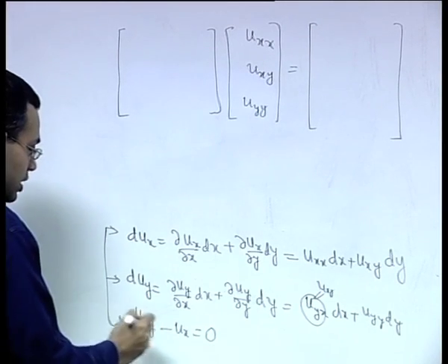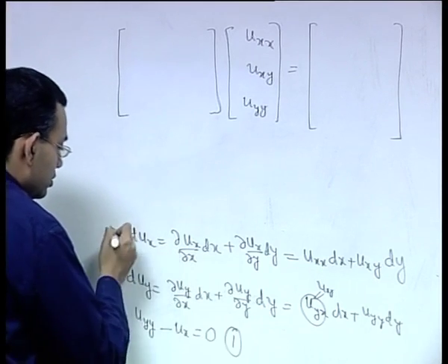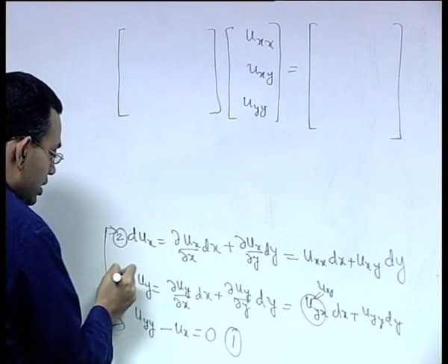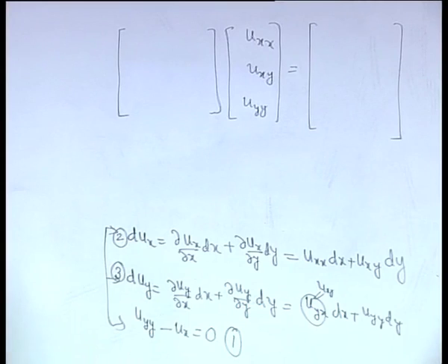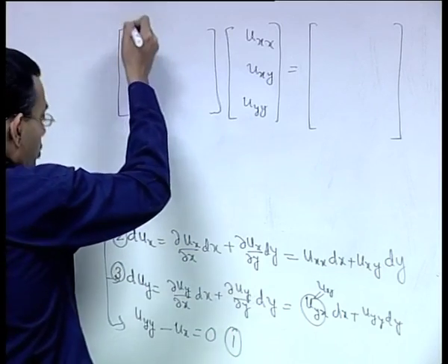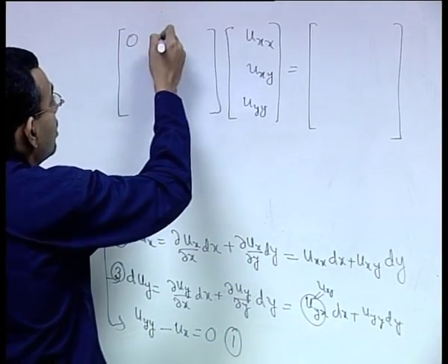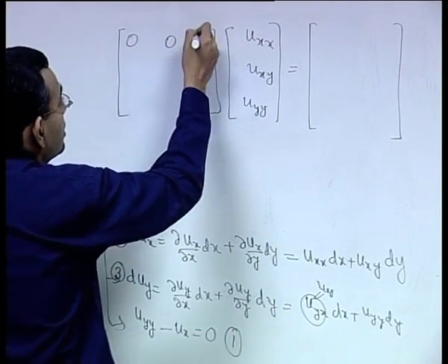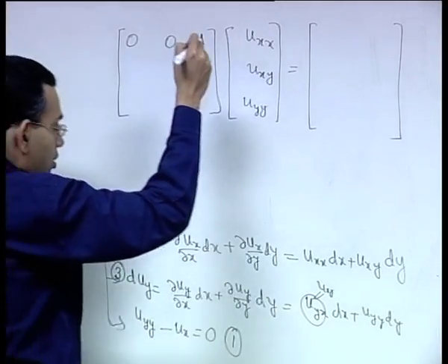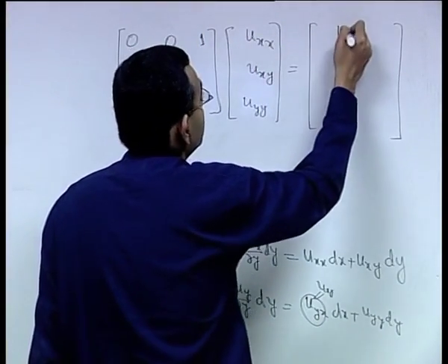So, if we consider this as equation number 1, then this as 2 and this as 3. From equation 1 we have there is no uxx, so uxx into 0 plus uxy into 0 plus uyy is equal to ux.